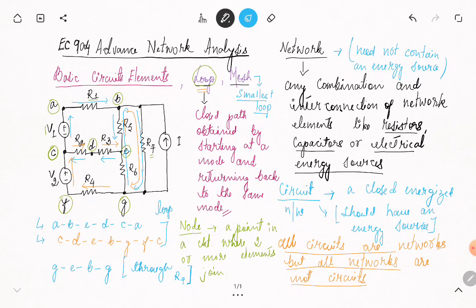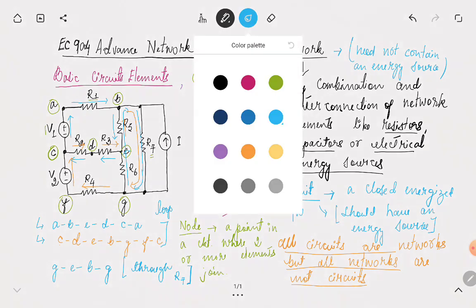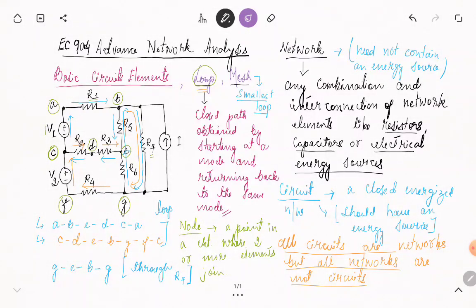Whereas you check this one: A, B, G, F, C, A. This is not a mesh because we can find some other loops inside this loop.